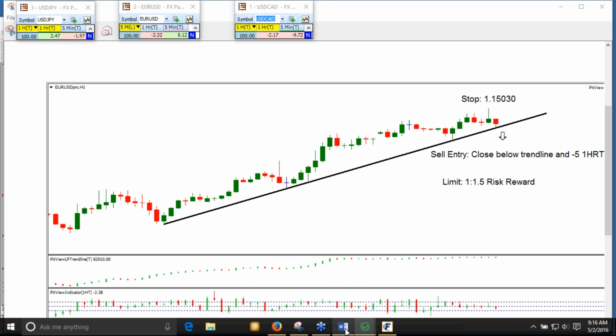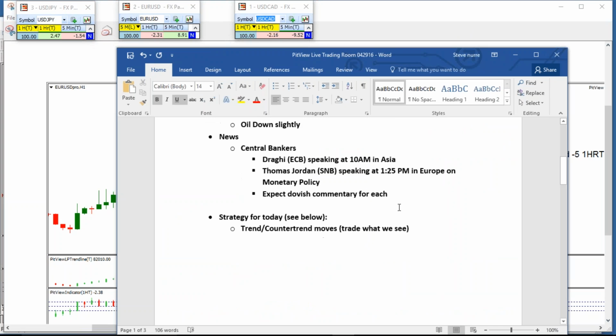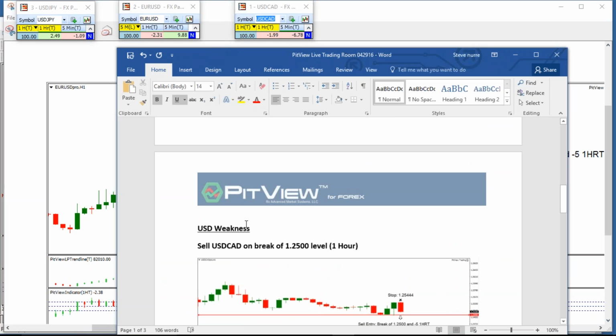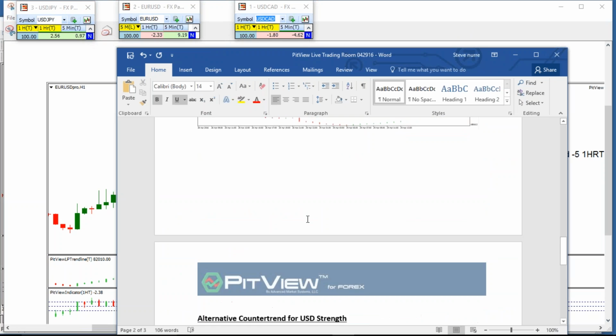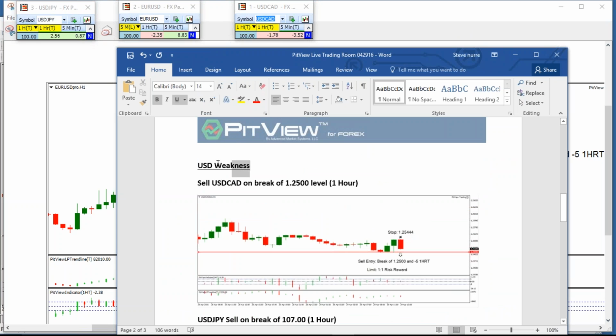And we'll just start here. US dollar strength.